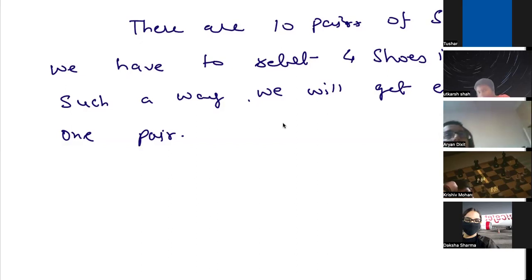Now, derangement is applicable when we have to arrange the complete set. But in this, we are not going through the complete set. Only four we have to select.